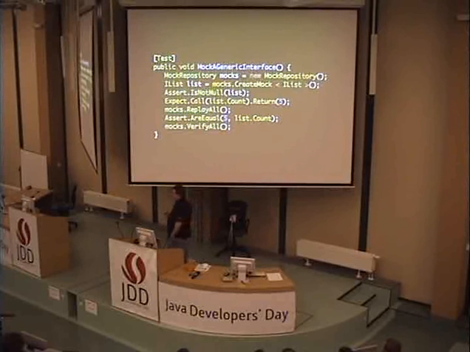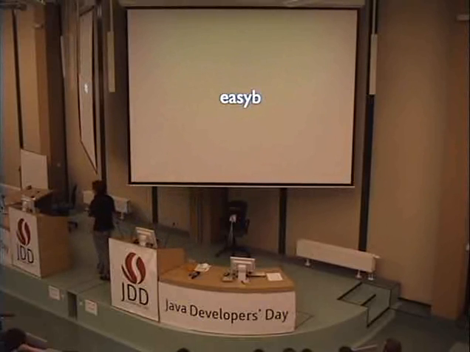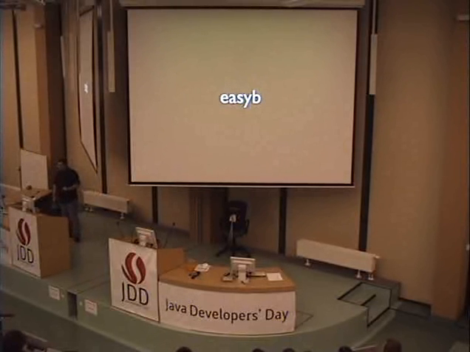Another really nice place where this is being used in the Java world is this behavior-driven development testing framework called EasyB, which is written in Groovy. And this is actually an interesting case because one of my colleagues, Dan North at ThoughtWorks UK, created behavior-driven development.